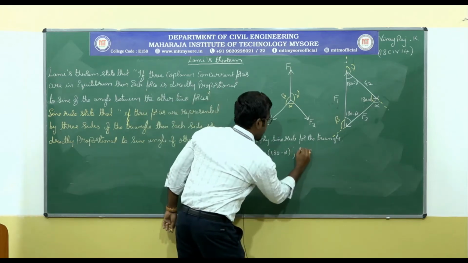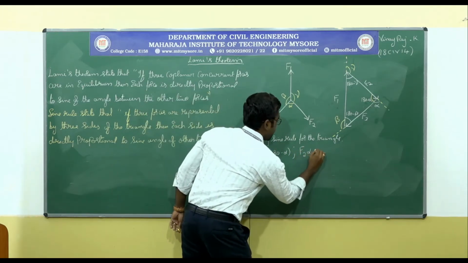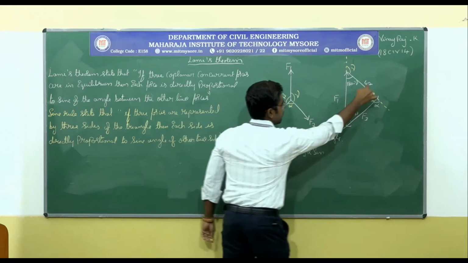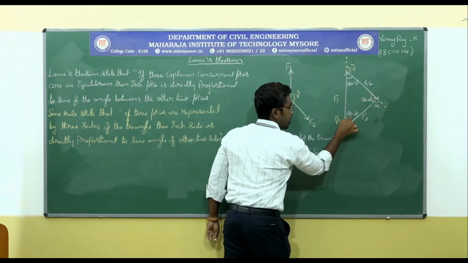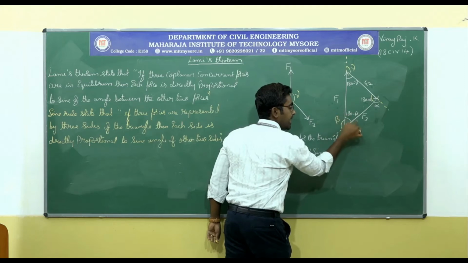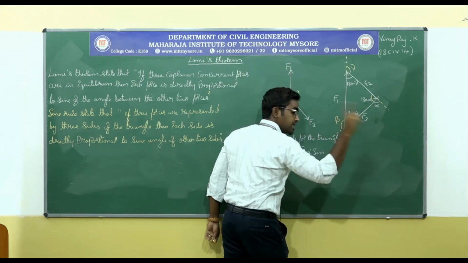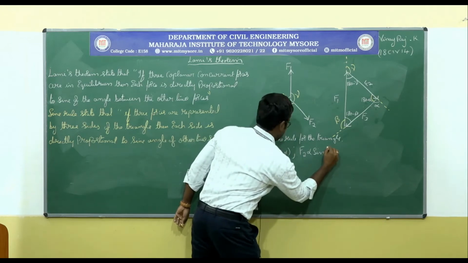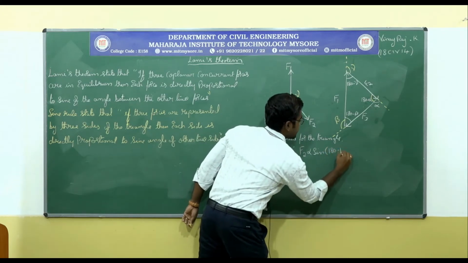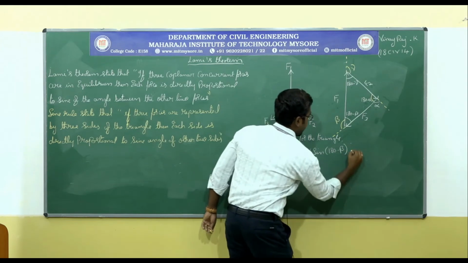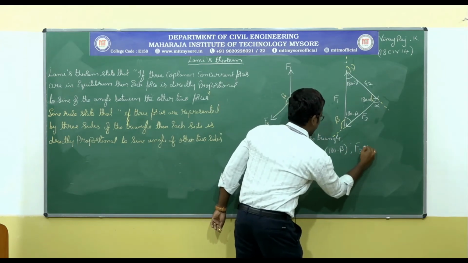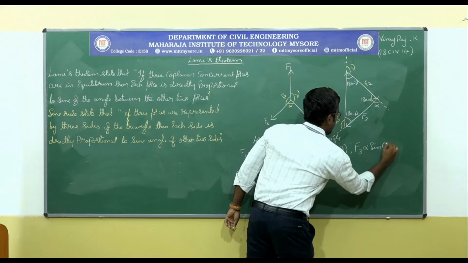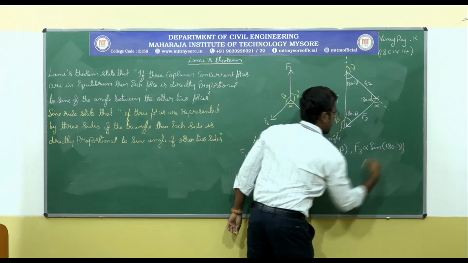Next, F2 should be proportional to the opposite angle, and it should be the angle between the other two sides. Right? So F2 is proportional to sine of 180 minus beta, and F3 is proportional to sine of 180 minus gamma.